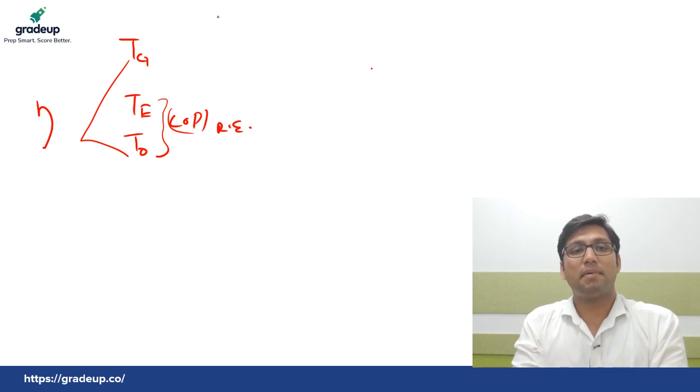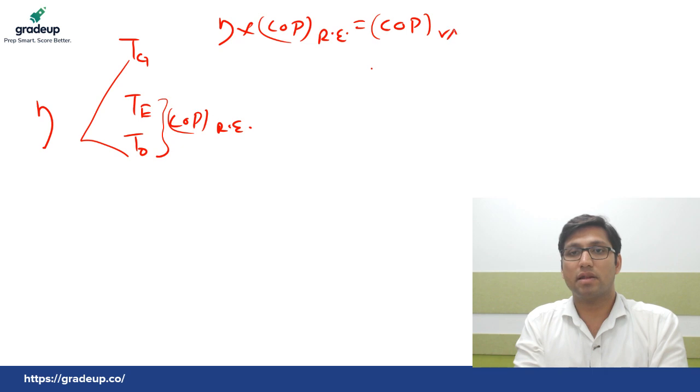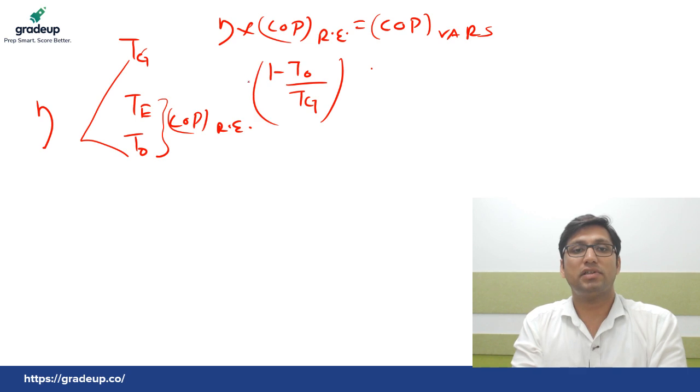Multiply this efficiency by the COP of the refrigerator, and you will get the COP of a VARS system, the vapor absorption refrigeration system. Suppose the generator temperature is given as Tg, so the efficiency will be 1 minus T0 over Tg. And what will be the COP?